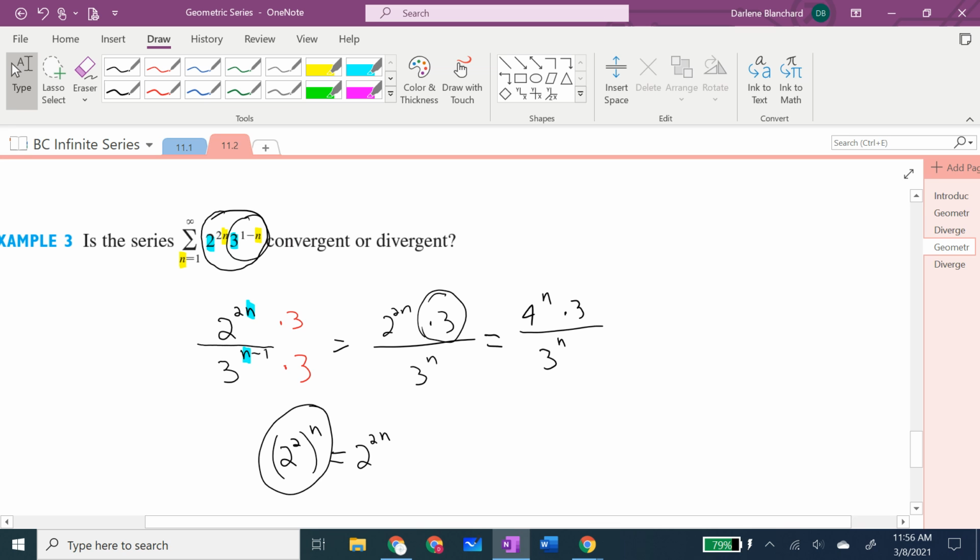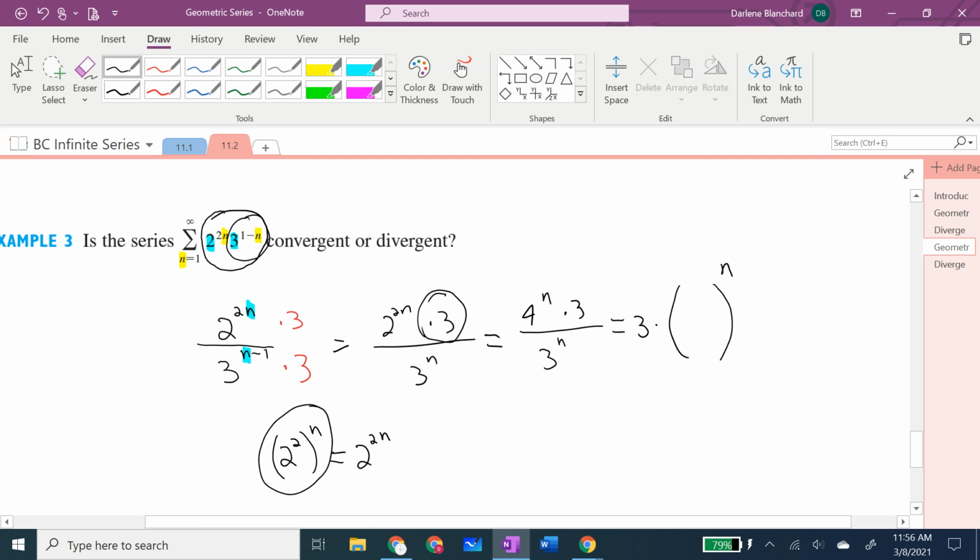Know that you do not have to go through manipulating this formula to determine the r. I'm showing you how you can go about manipulating it, because what you're going to finally notice is maybe a constant multiple that's sticking out. But other than that, you have some number to the power of n.